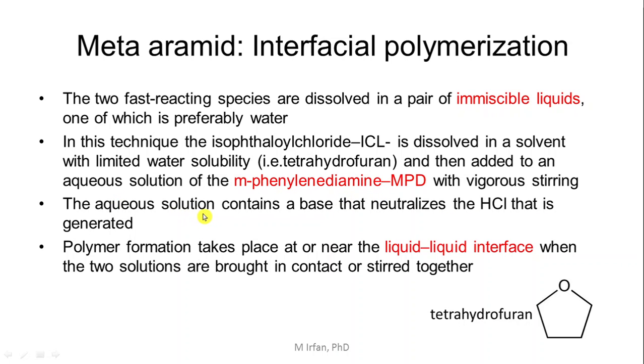The aqueous solution contains a base that neutralizes the HCl that is generated during the polymerization reaction. Polymer formation takes place at or near the liquid-liquid interface when the two solutions are brought in contact or stirred together. Since the two solvents are immiscible, monomers in both solutions will react at the interface of the two solvents.